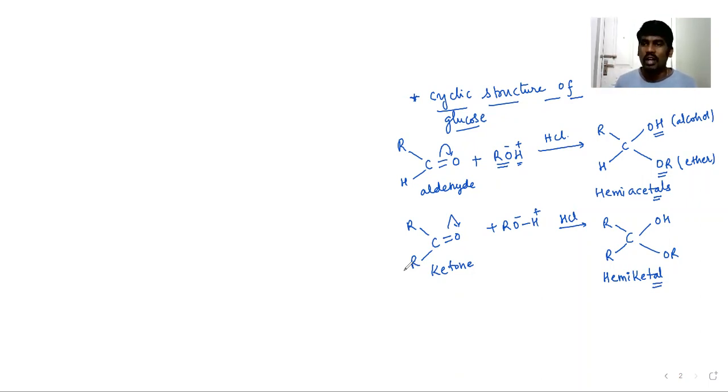Let's look at how this cyclic structure can arise. You know the structure of glucose. The first carbon itself is CHO, and the last is CH2OH.